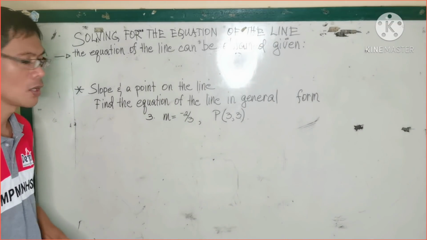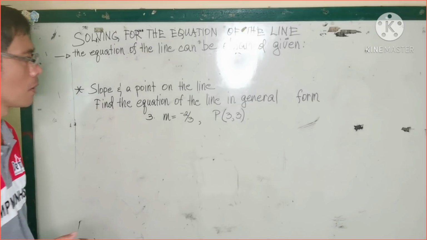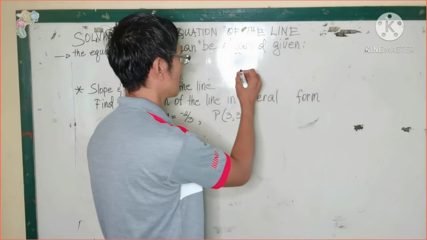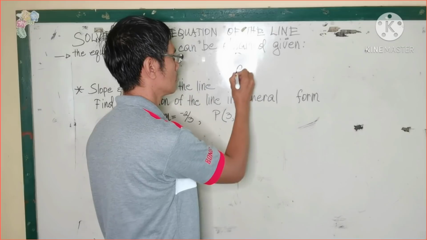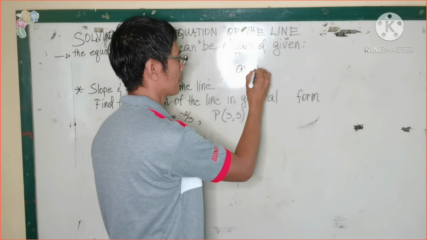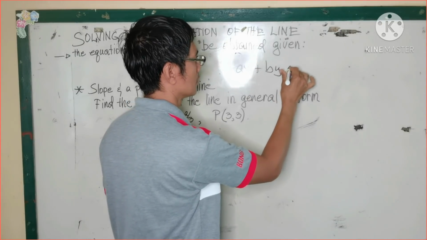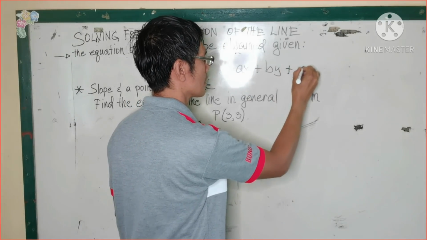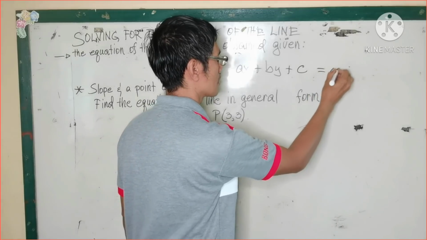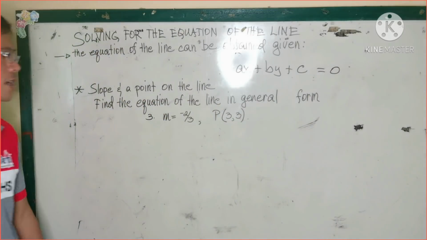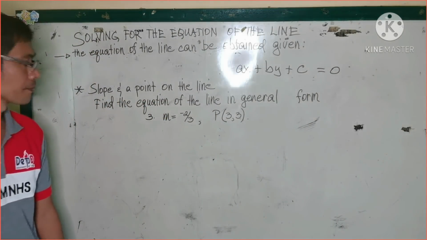So general form. Again, if we may recall, the general form of the equation of the line is simply ax plus by plus c equals 0. So that is the general form.